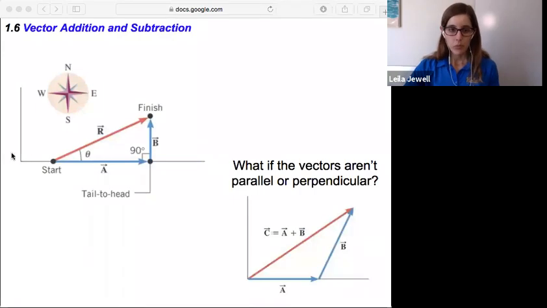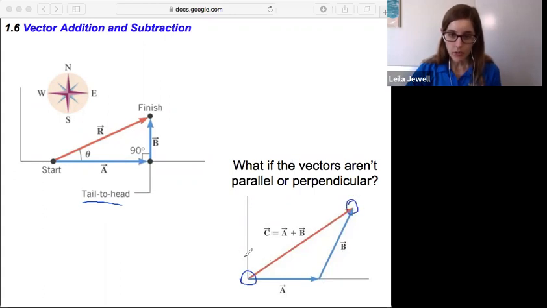Well, we can follow the same procedure of lining our vectors up tail to head, and we can at least draw the resultant vector. So we have vector A here. Vector B is no longer going straight up, it's kind of up and at an angle. And our resultant vector C is going to go from the very original start to the final finish.